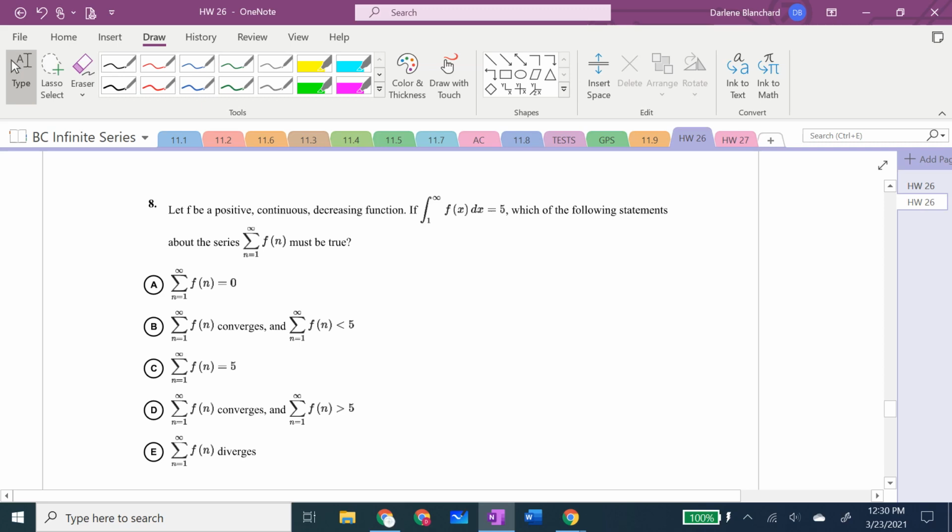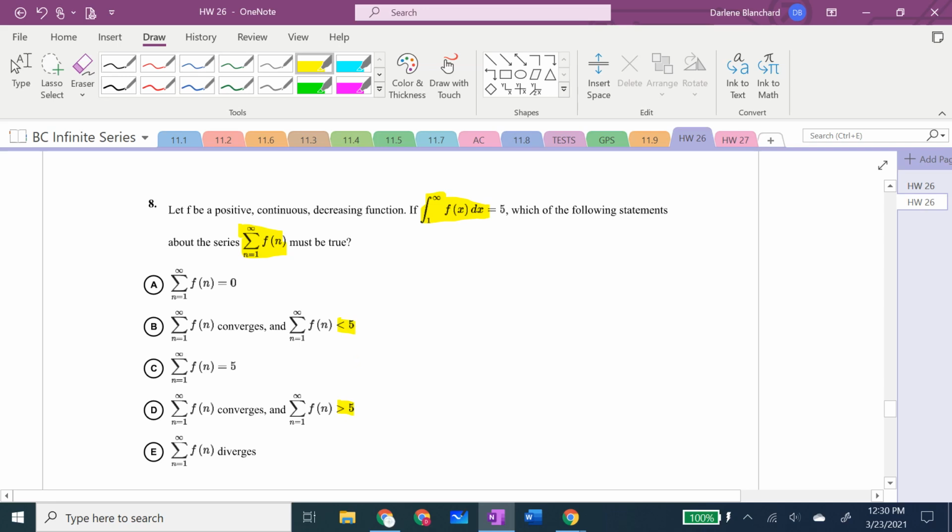My recommendation is, if you ever see that you're expected to look at the comparison of the actual quantity between the integral and the sigma. You know that the integral test is involved here, but you have to additionally figure out, is your sigma supposed to show up as less than 5 or greater than 5?